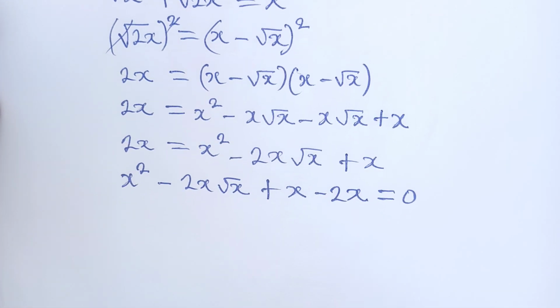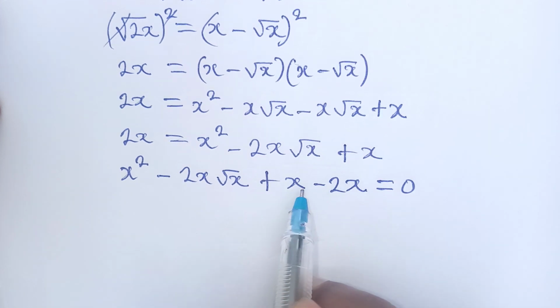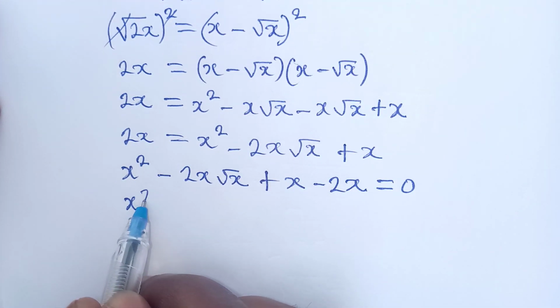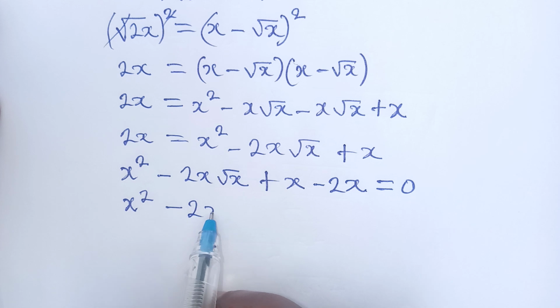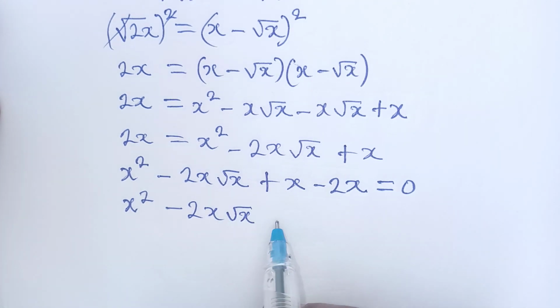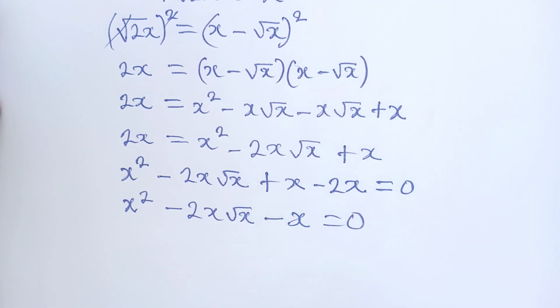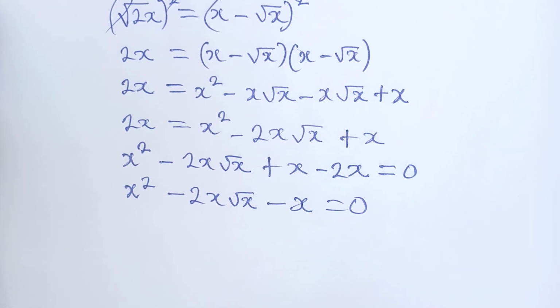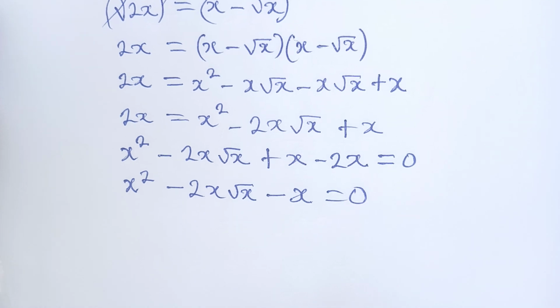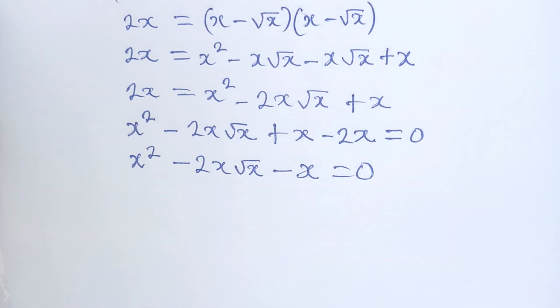The next thing I will do is to work on these two terms. So I have x squared minus 2x root x then minus x is equal to 0, because x minus 2x is minus x.